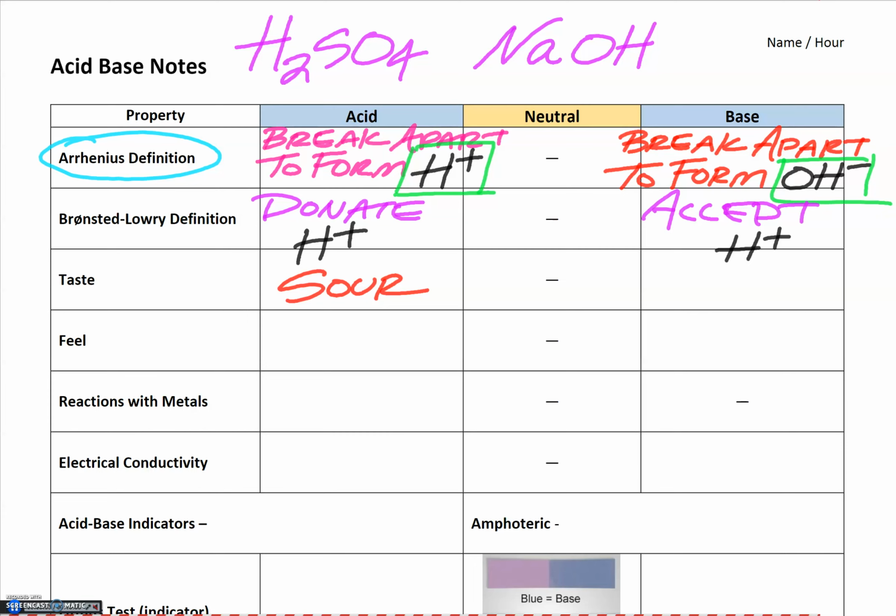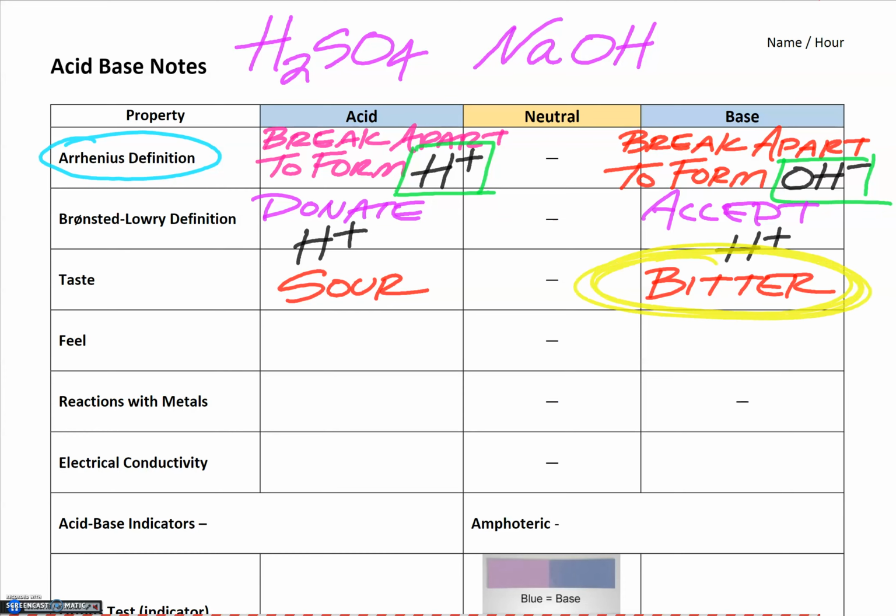Now the bases are not things that we normally eat. These are not things that we normally ingest, and they have a bitter flavor. They taste terrible. If you ever watched that Christmas movie called A Christmas Story, where Ralphie is using profanity, and his mom sticks the bar of soap in his mouth, that's because it is going to taste bitter and terrible.